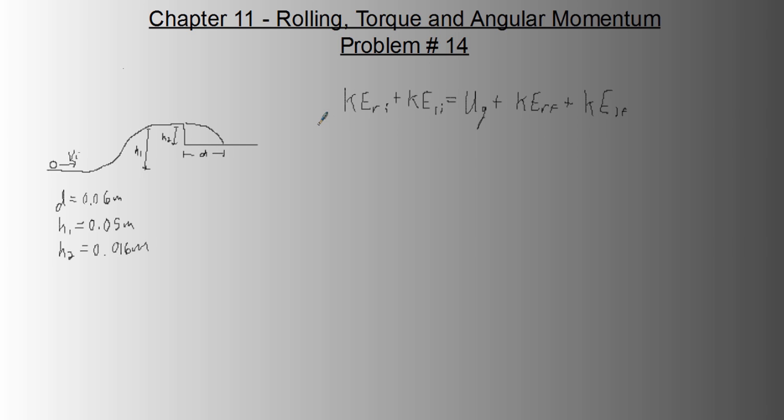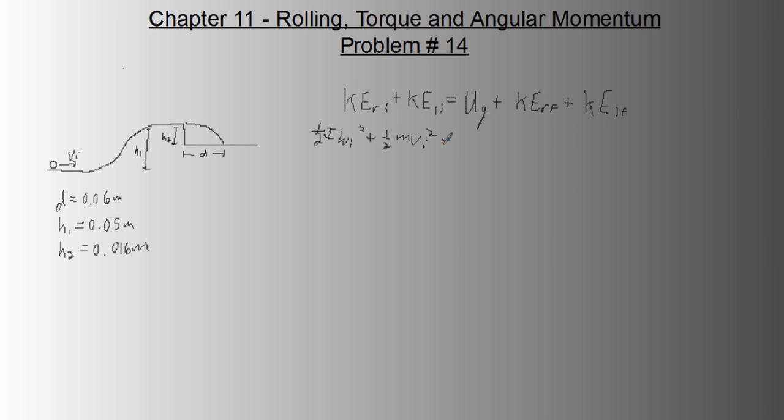So let's just write this out. One half I omega initial squared plus 1/2 m v initial squared.